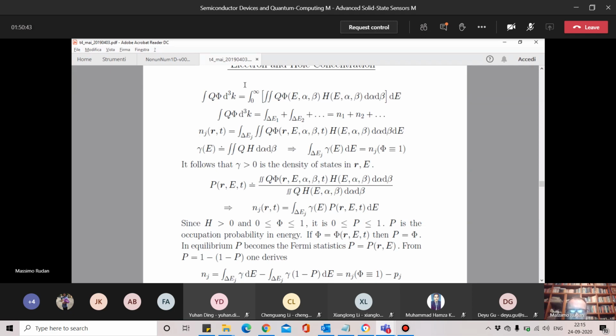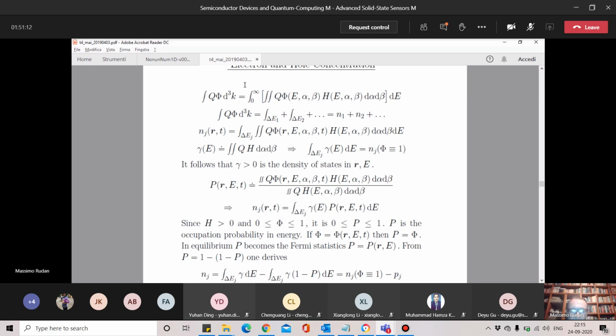And phi that appears in the numerator is a function that is between 0 and 1. So the numerator is strictly positive. The denominator is also strictly positive, but the numerator is smaller or equal than the denominator, because in the numerator we have phi, and phi may be smaller than 1.